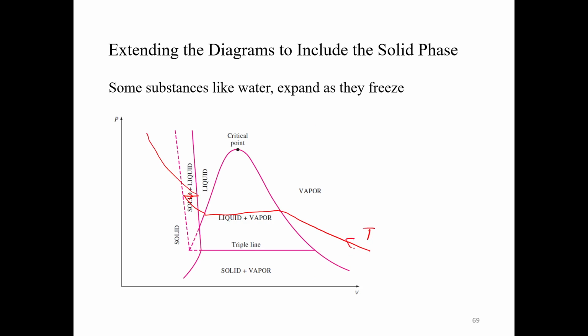You are going that way, compressing it, and this goes up to here. Then the volume increases when you compress it more. Then it goes like this. Okay, that's how we can draw that.